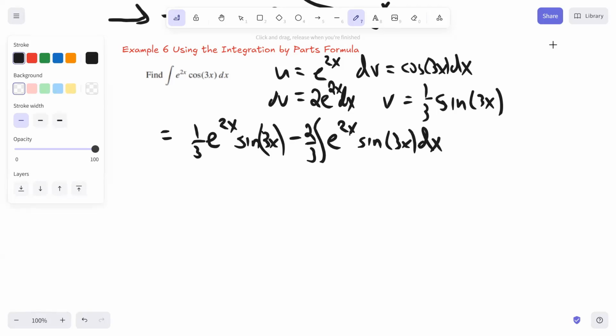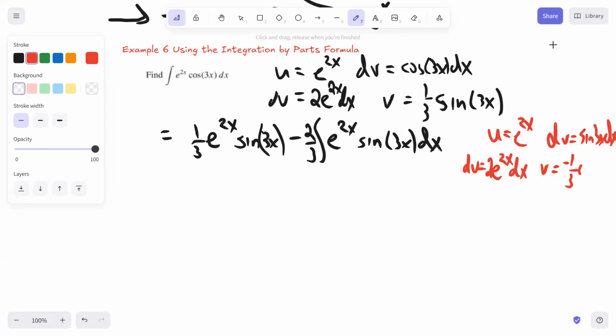Now we're going to do integration by parts again, and let's see what happens. The u again is going to be e to the 2x, and the dv is going to be sine of 3x. So du is again 2e to the 2x dx, and v is going to be negative 1/3 cosine of 3x.